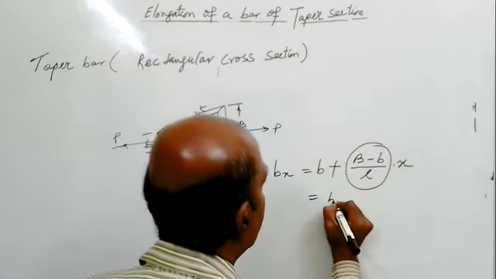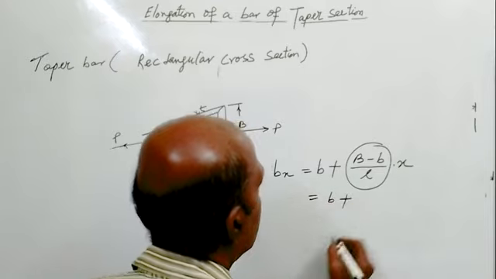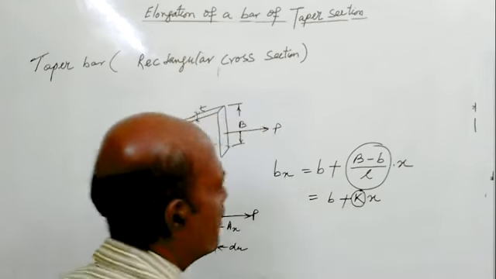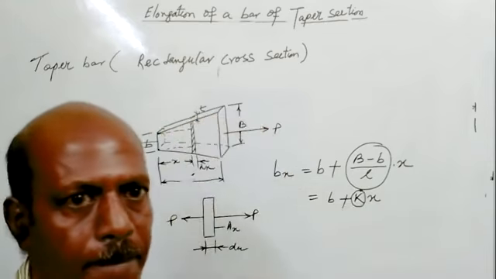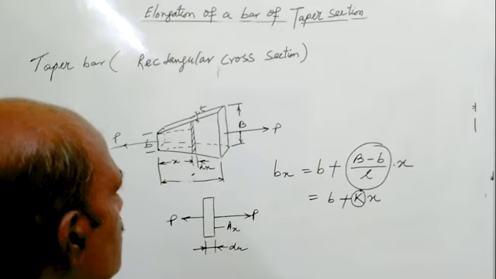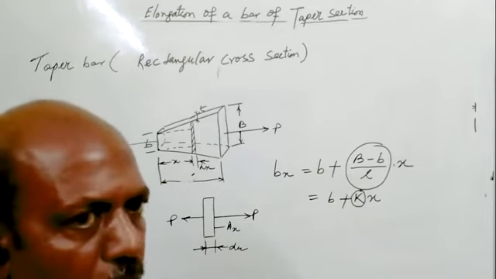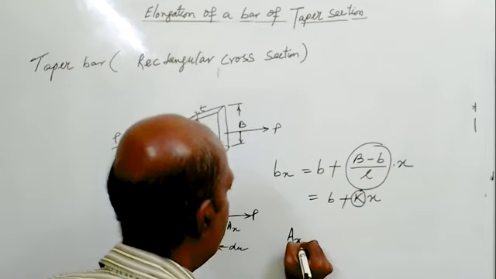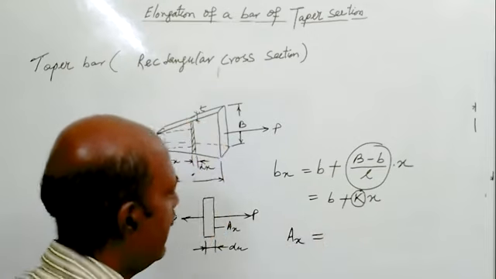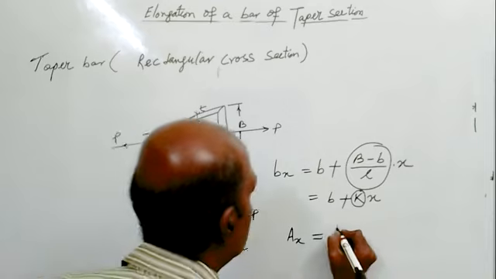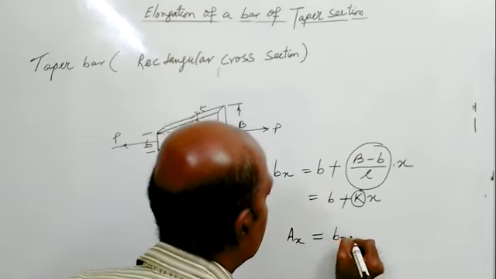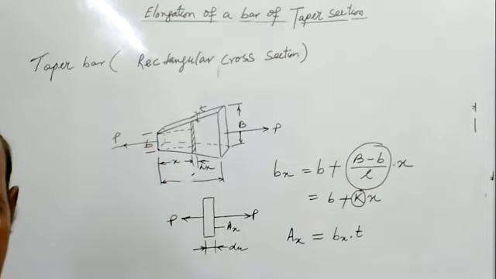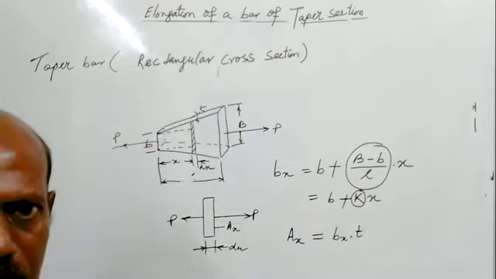It can be written as b plus k into x, where k is some constant. So now we have got Bx. The area of the element is Ax equal to Bx into the thickness. Thickness T is the same throughout.